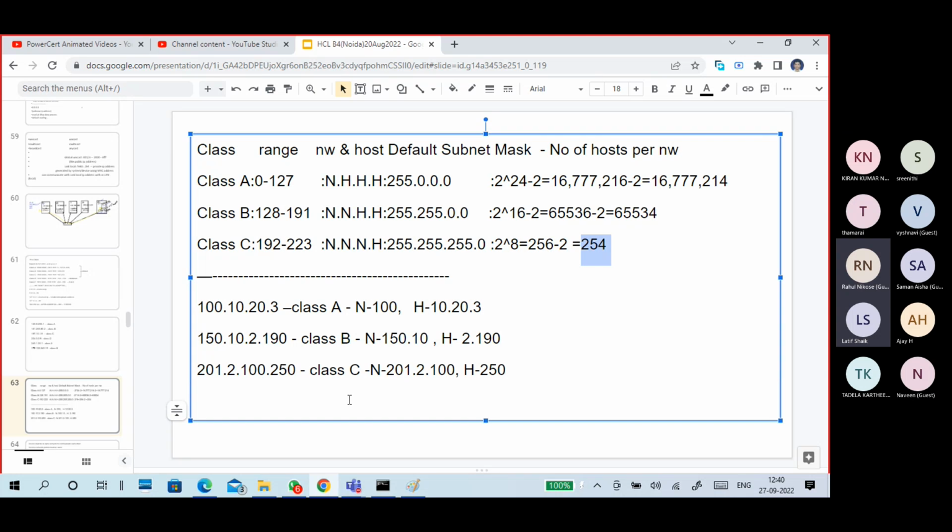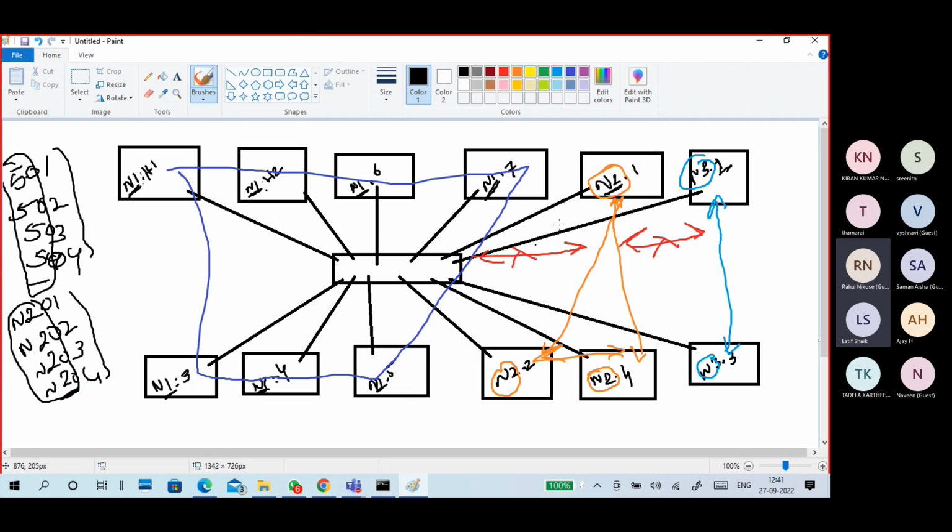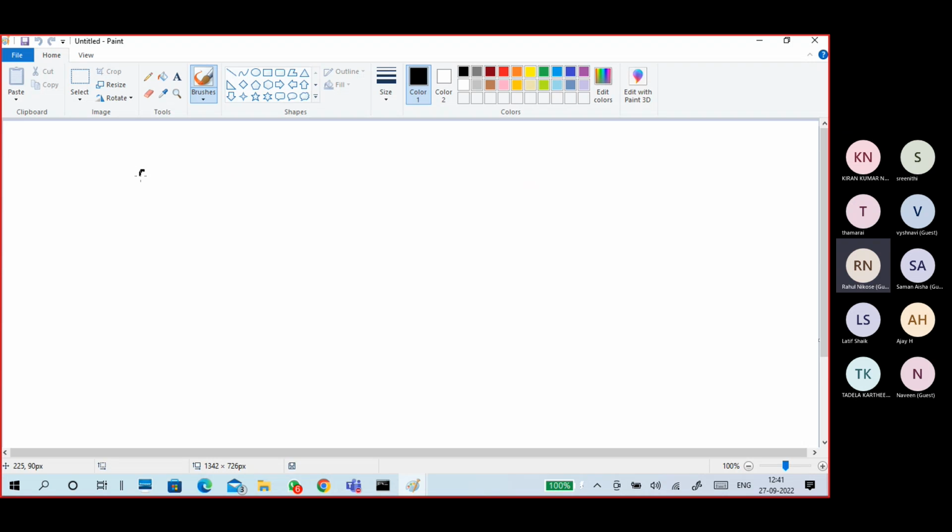It means if you are using a class C IP address, you can connect 254 devices.